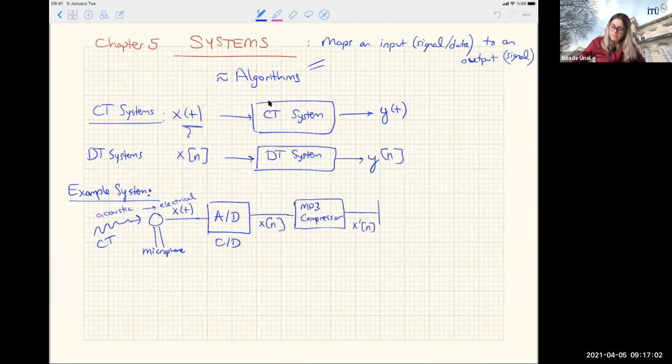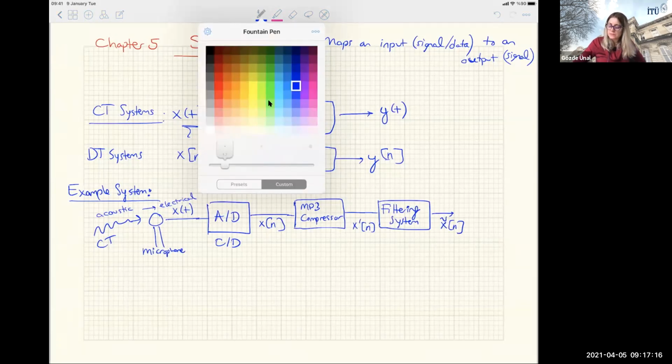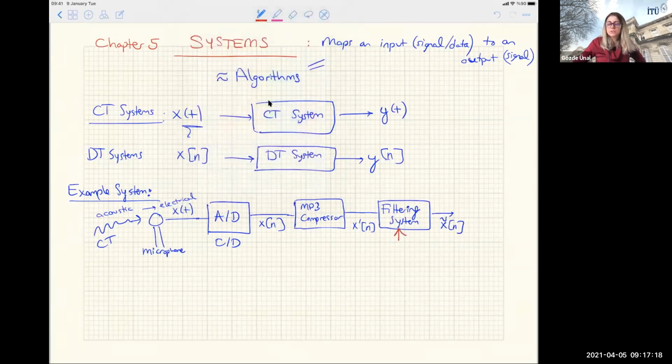I may have, for instance, a filtering system, and I obtain another discrete time signal. Maybe filtering's goal is to remove some noise, or maybe to uncompress. Let's say this is the filtering system.